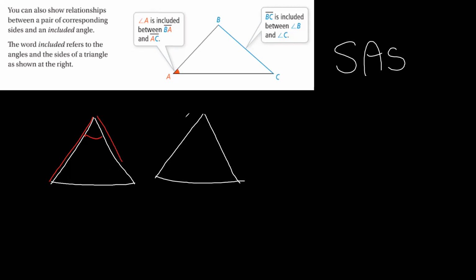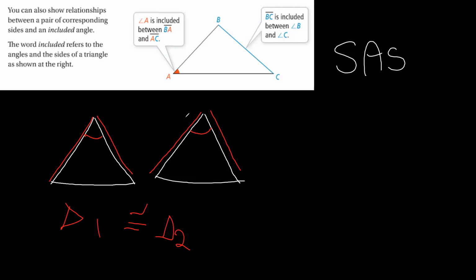If I have two sides and these two sides have an included angle between them, I will say that this triangle is congruent to the other triangle, triangle 1 with triangle 2.